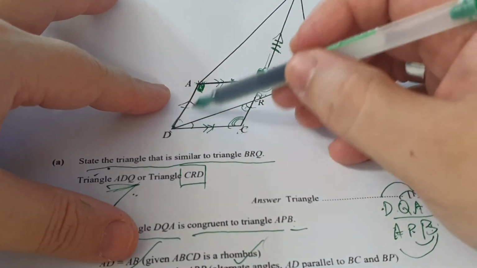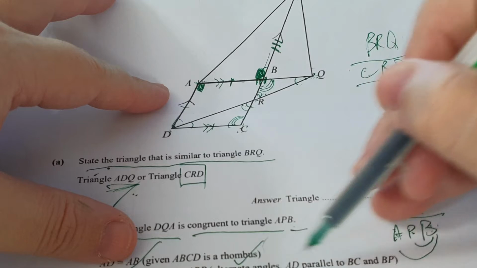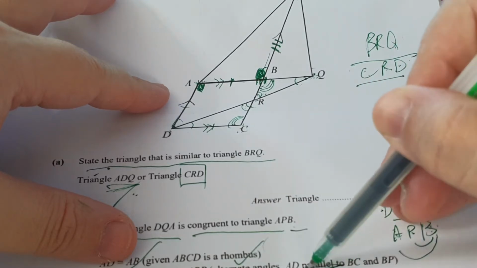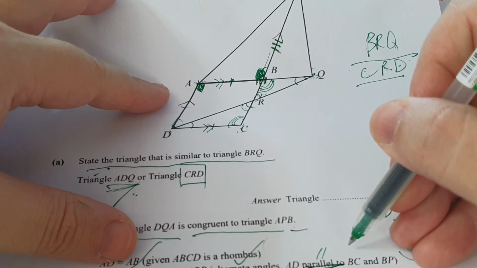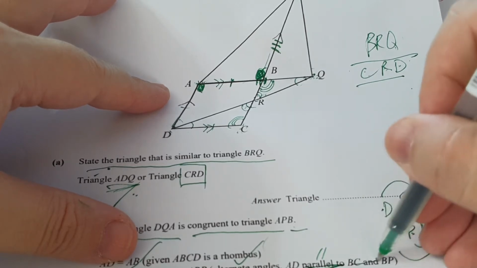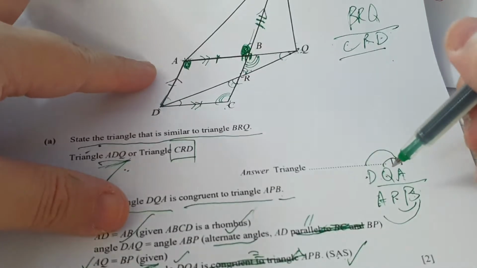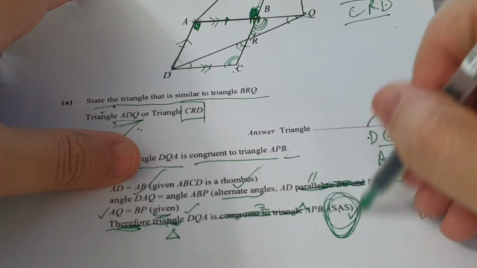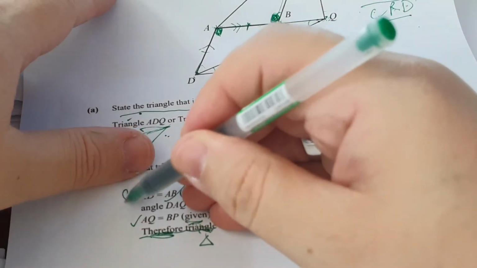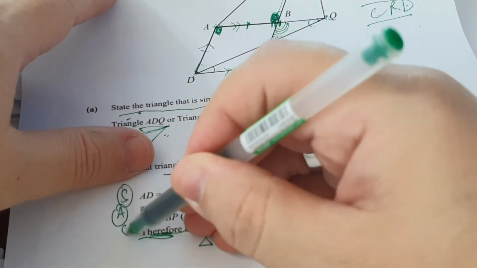Okay. What's the reason? Alternate angles, and this one is parallel to BC. Just BP can already, like that. Okay. So that is how you show, and you must take this, ladies and gentlemen. Can you see S, A, S? Okay. So that's one example for you.